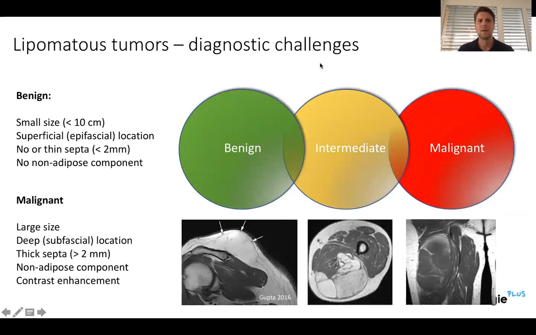What makes the assessment of lipomatous tumors quite challenging is the fact that there is a certain overlap of imaging features between benign, intermediate, and malignant lesions.